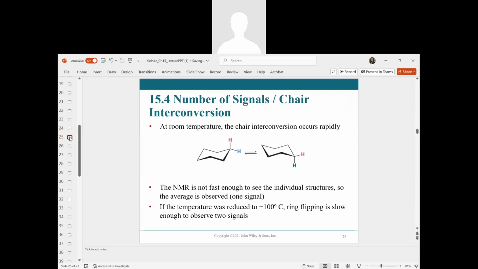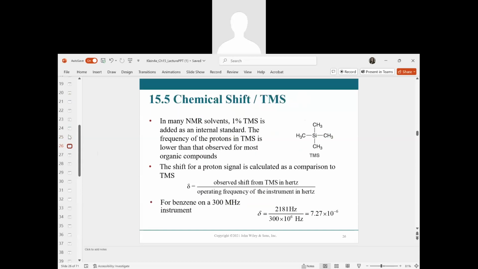That's because these protons are being interconverted at room temperature. This occurs rapidly, and we can see this red proton was axial, now it's equatorial. So we can see this ring flip occurring at room temperature and only 1 signal produced. But if we lower the temperature drastically down to about negative 100 Celsius, the ring flipping is slowed down enough that we could observe 2 distinct signals.